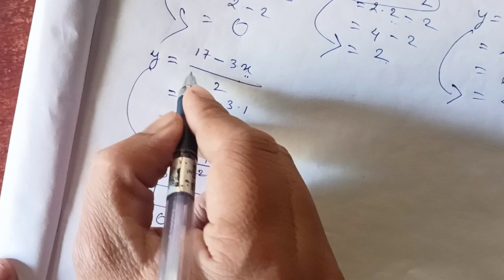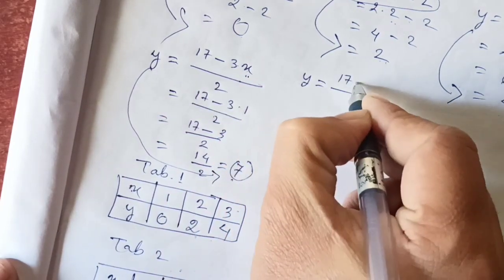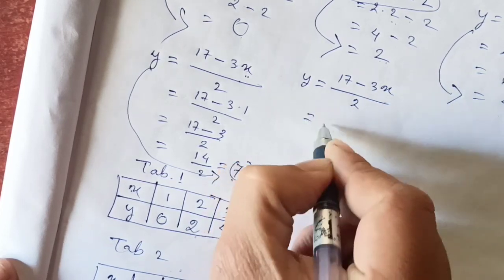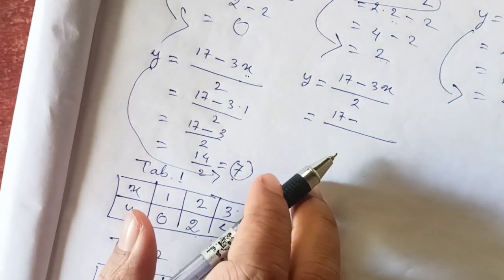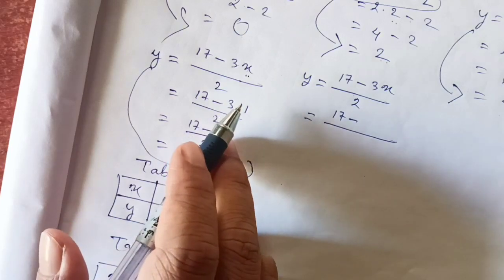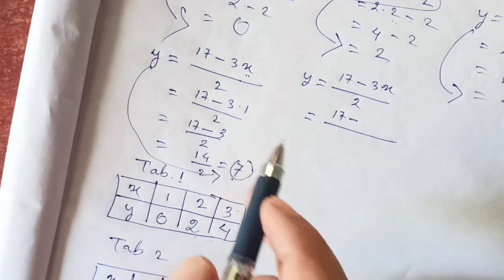So we are left with 2. Then we are going to use the same equation, y equal to 17 minus 3x by 2. I told you to take a number so that when you subtract it from 17, you still get an even number, so that you can divide by 2.